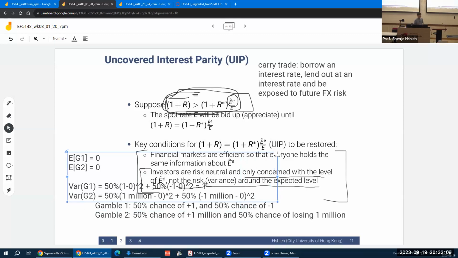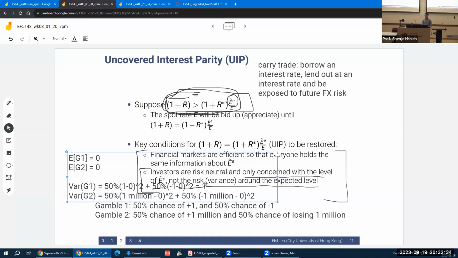So my question to you now, if you're a risk neutral investor, which gamble would you prefer? Remember, being a risk neutral investor means you don't care about risk.